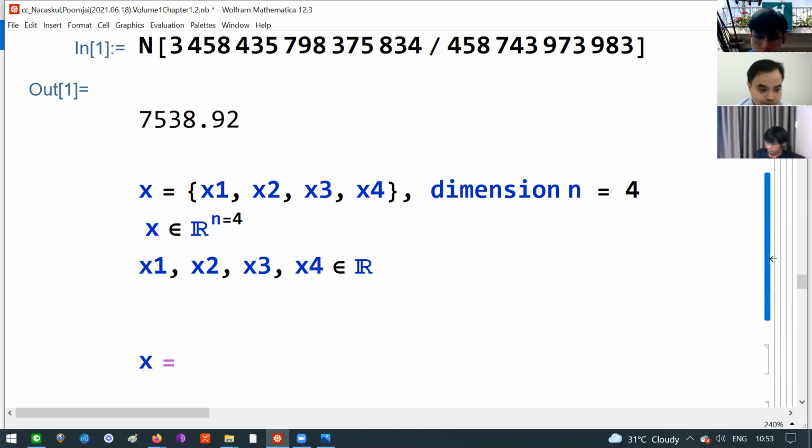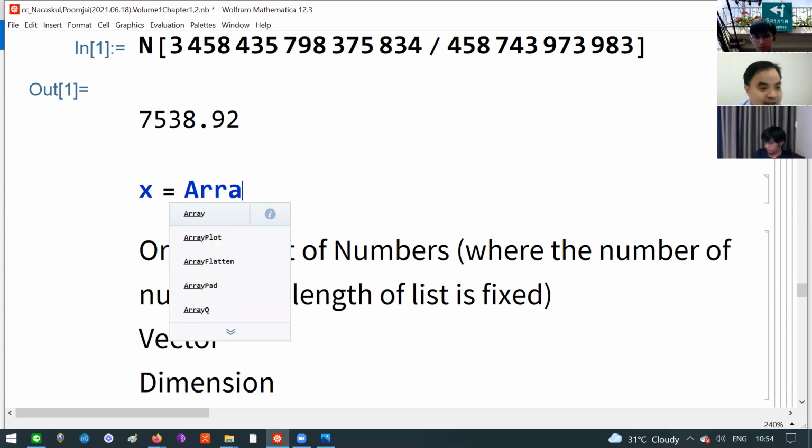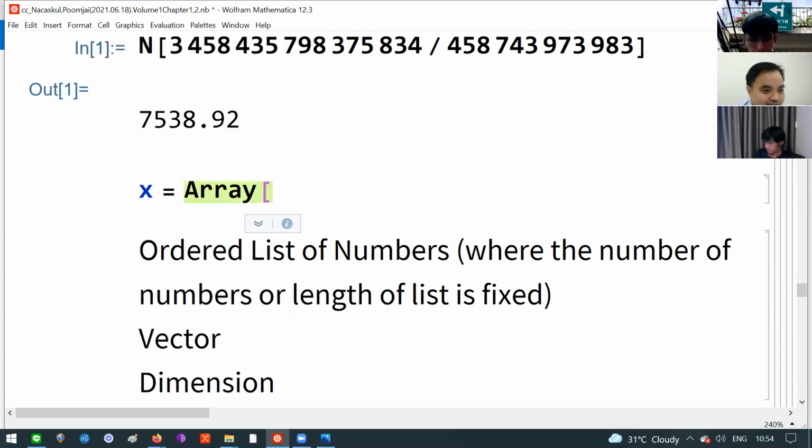Now, let me do this. If I were to write this for 100 of them, it would be a little bit too clumsy. So what I'm going to do is X is equal to array. Okay, we use the word array, so we'll call it value.